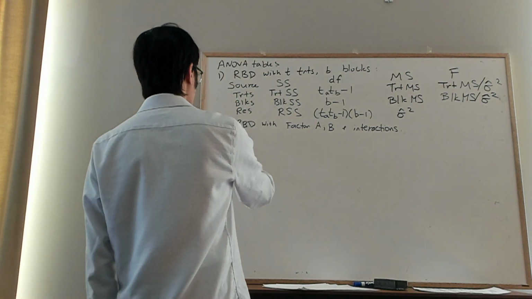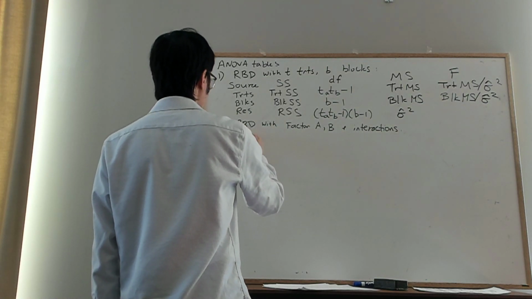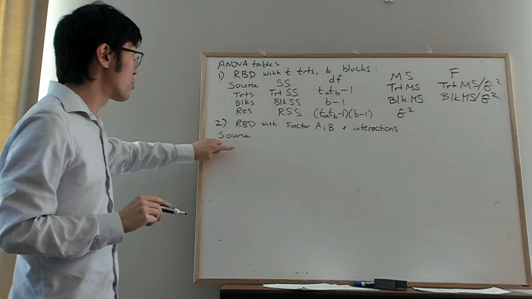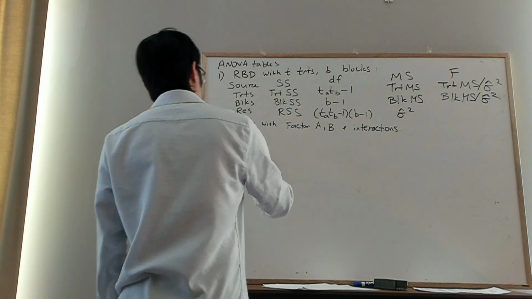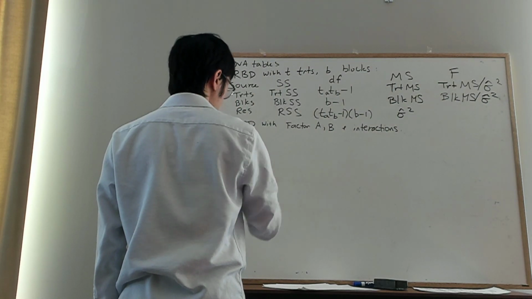Let's write the header, source. Now I'm going to take the treatments and break them down into the three component sums of squares: A, B, and then the interaction.